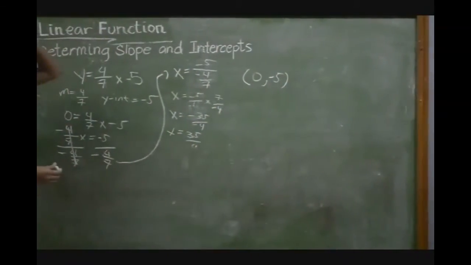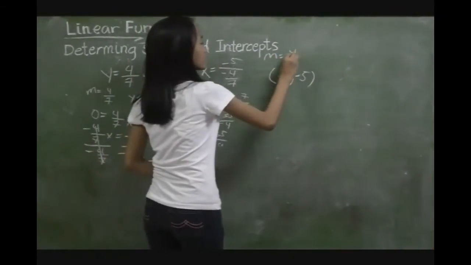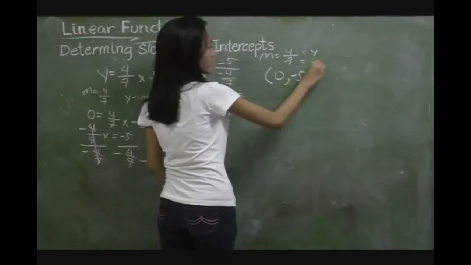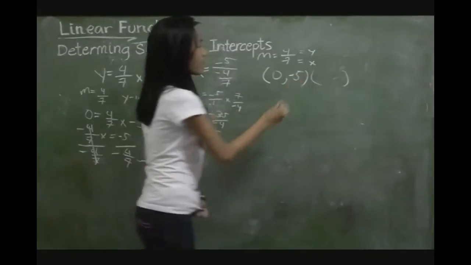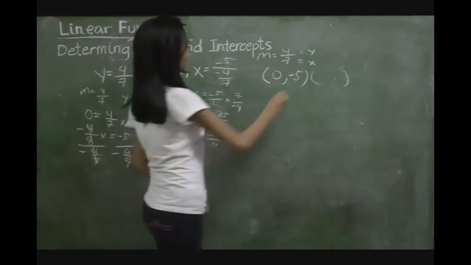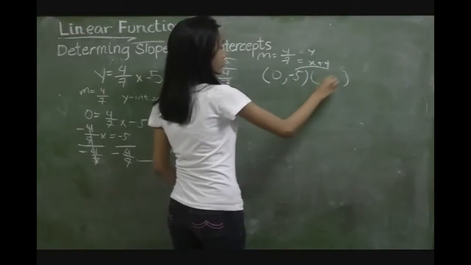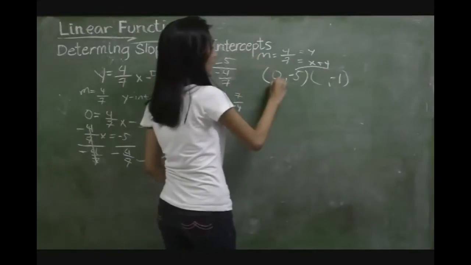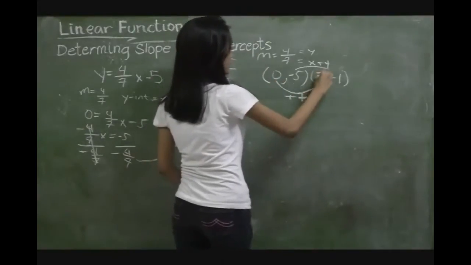Since our slope is 4/7, 4 is y and 7 is x. Negative 5 is the y, so I will add 4 and it will become negative 1, and 0 is the x, so I will add positive 7. So it will become 7.